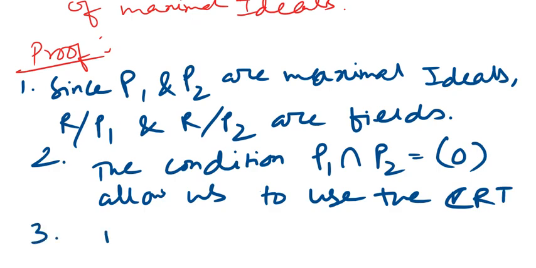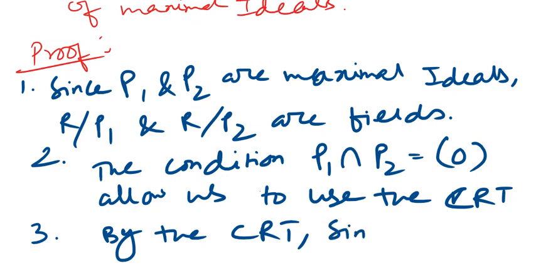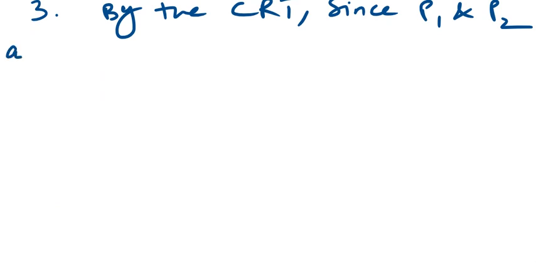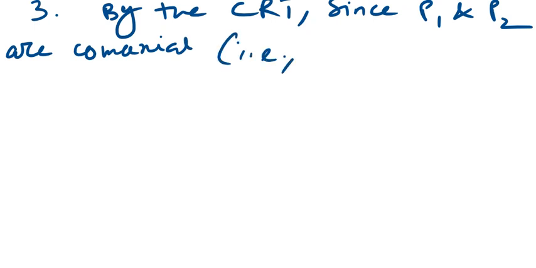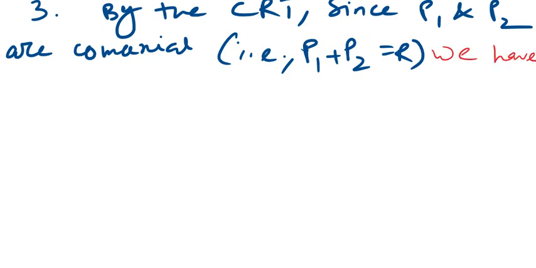And the third point is, by the CRT, since P1 and P2 are coprime, that means P1 plus P2 equals R, so we have R is isomorphic to R by P1 cross R by P2.